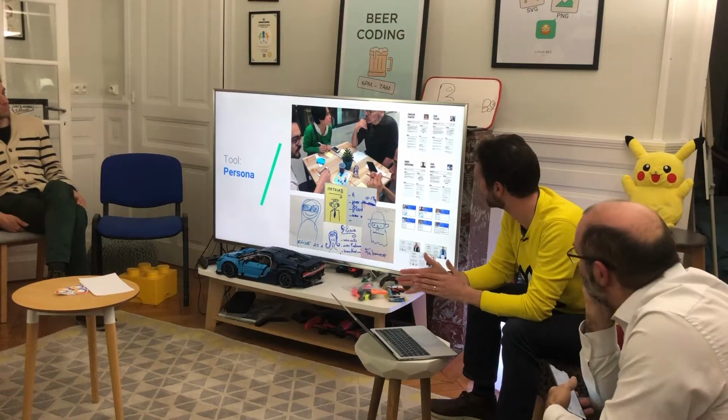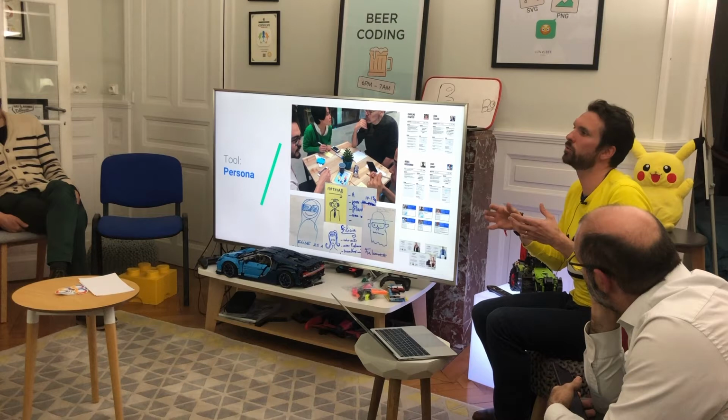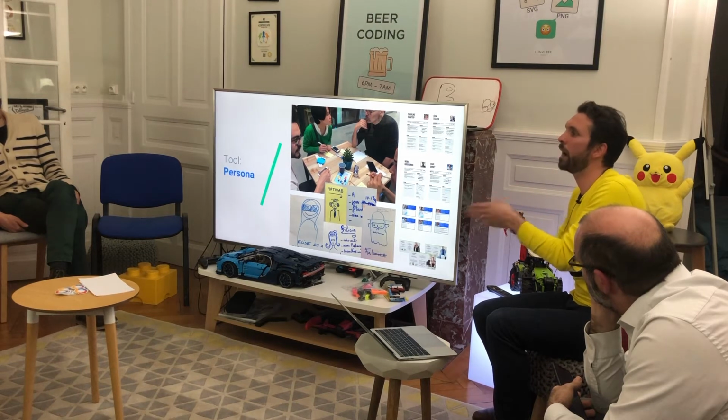So first thing is persona. Here the idea is to understand who are the users, who are the consumers of your problem. Who will be using your product, and for that typically you will invent virtual people and try to describe them as precisely as possible with regards to their characteristics as a user.